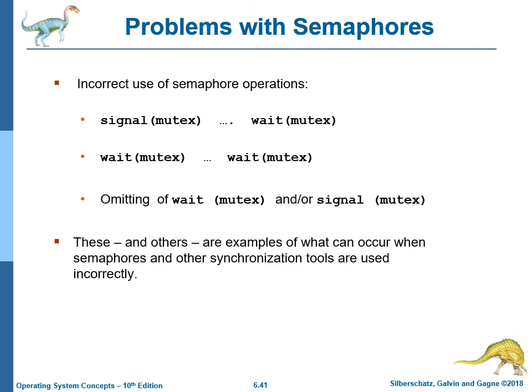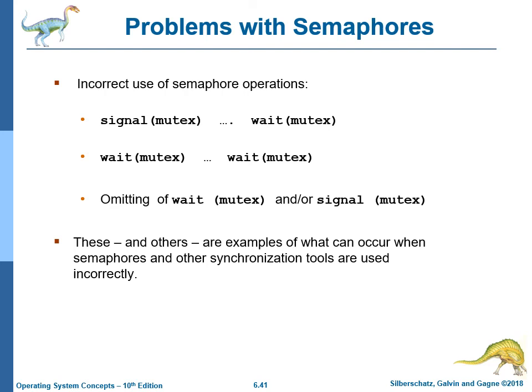Alright, so another problem ialah priority inversion. It is a scheduling challenge that arises when a higher priority process needs to read or modify kernel data that is currently being accessed by a lower priority process.